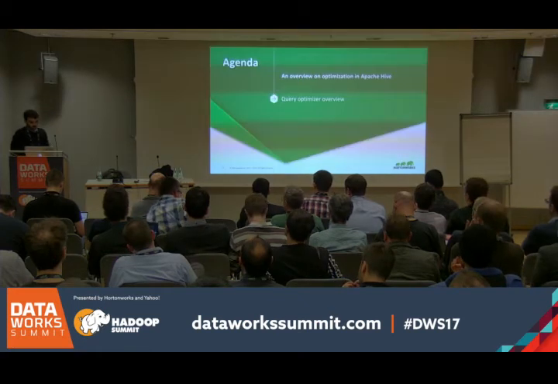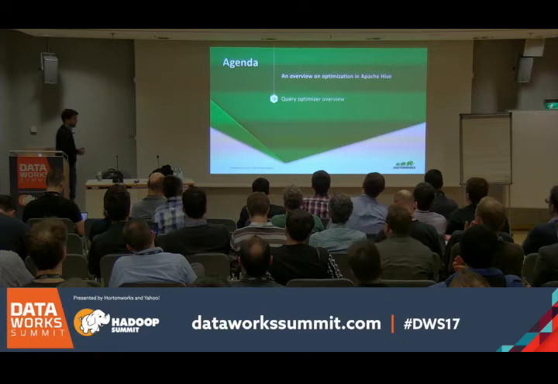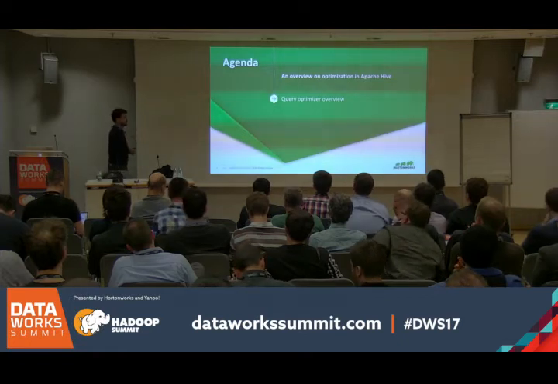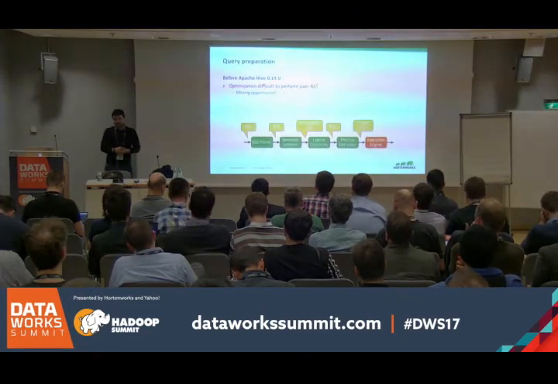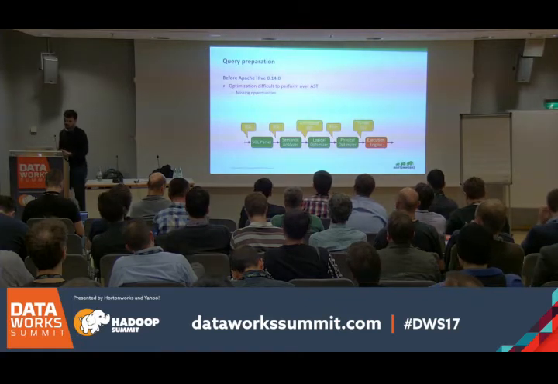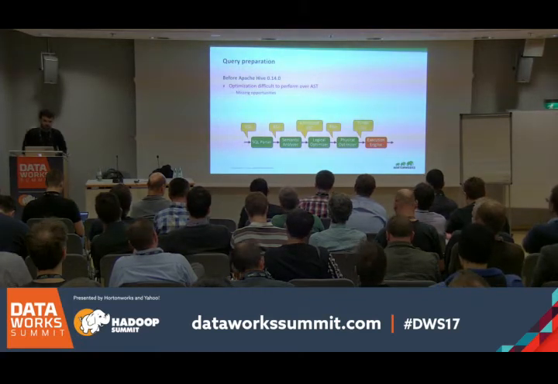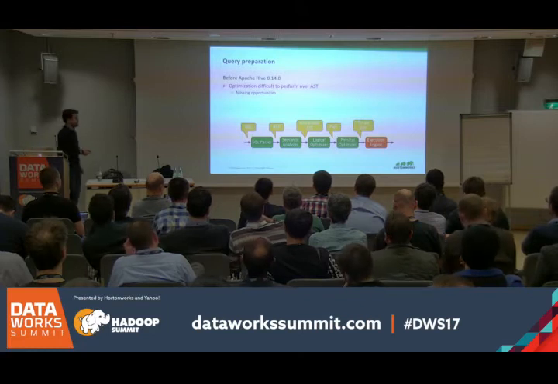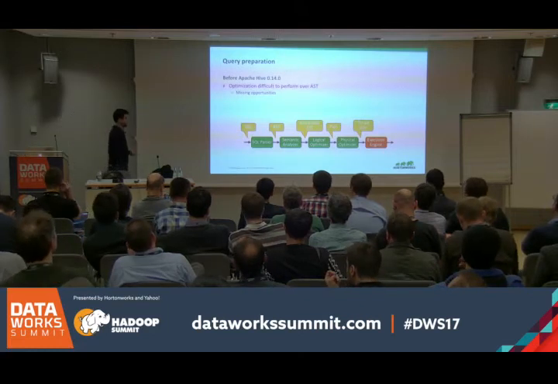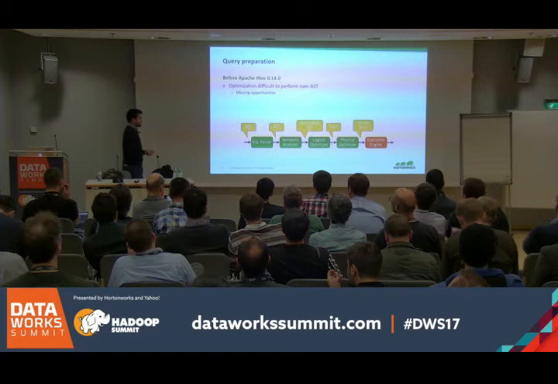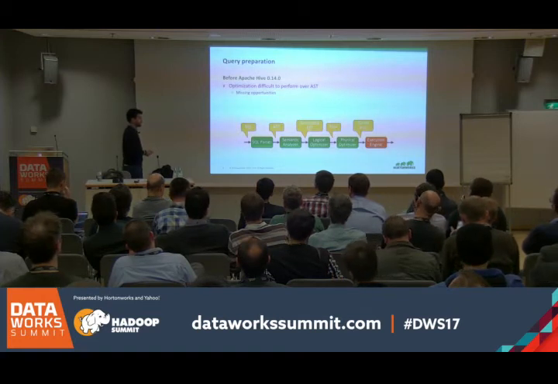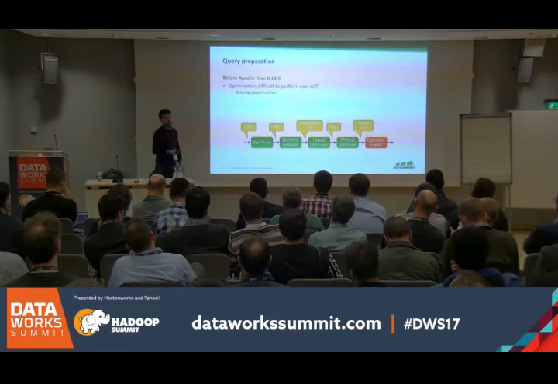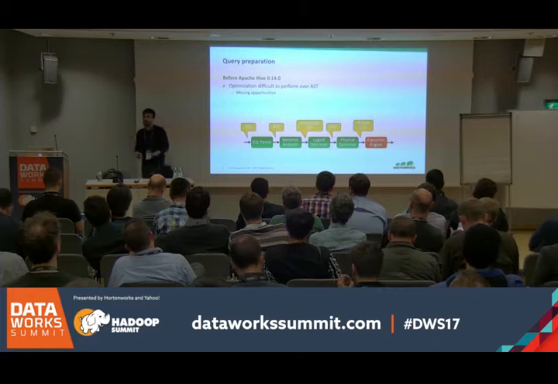So let me give you a quick overview of the query optimizer in Hive. Before Hive 0.14, this is how we were compiling queries. You would have your SQL query that will go through a SQL parser. You will generate an abstract syntax tree. Then you will annotate that AST, and based on that, you would generate your physical plan that would be executed in MapReduce.